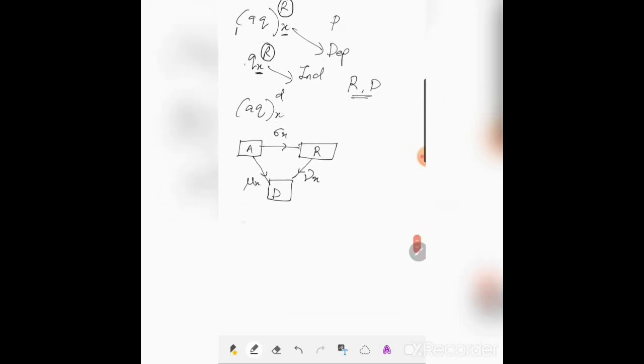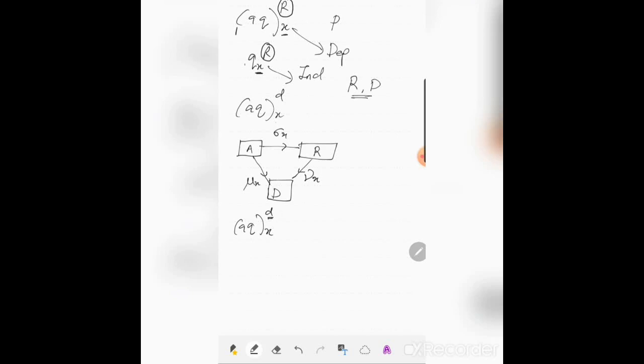Now AQX is nothing but, given that the retirement is also there, the probability that the person will leave this particular state X because of death.